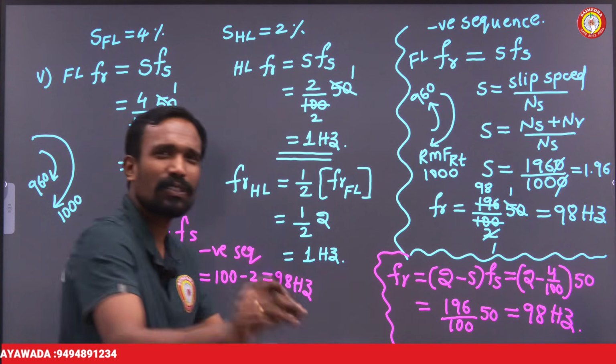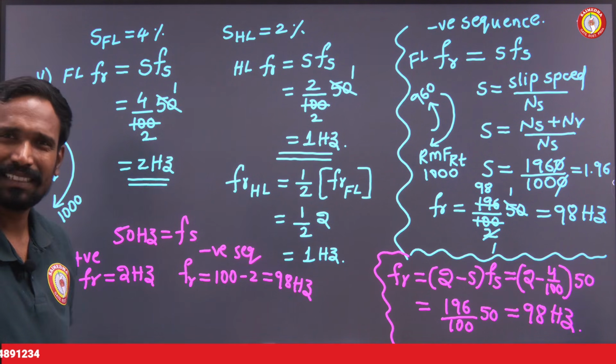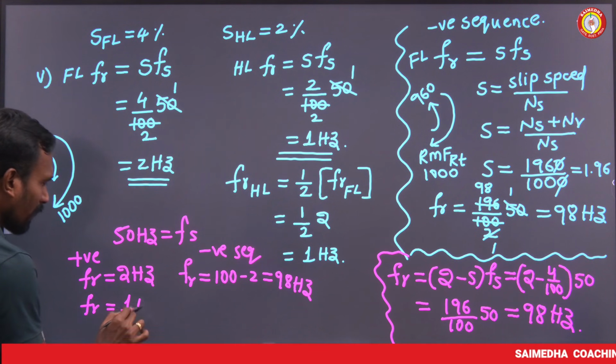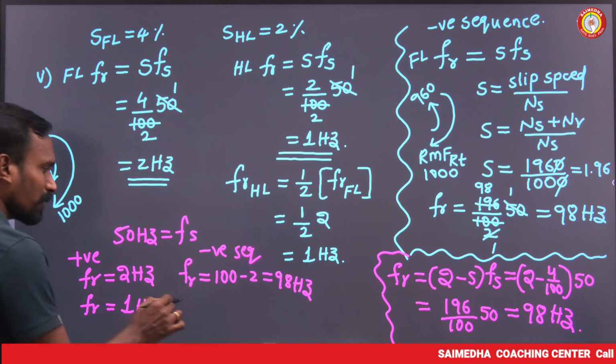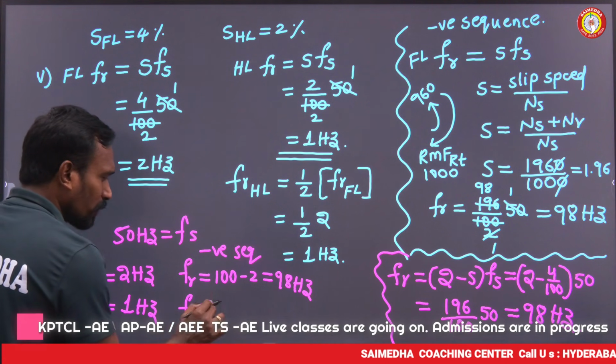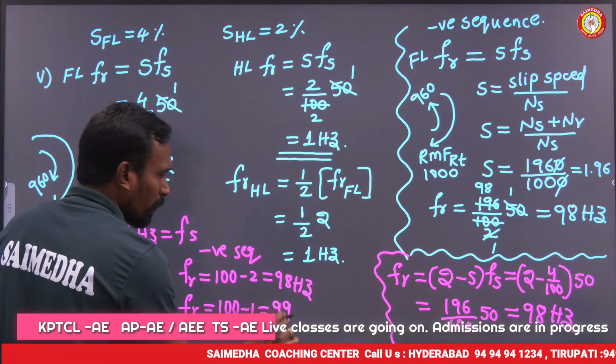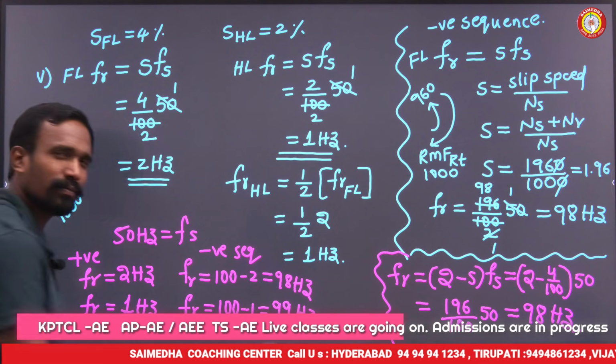If the rotor frequency is 1 Hz for positive sequence, then for negative sequence it is 100 minus 1, which is 99 Hz.